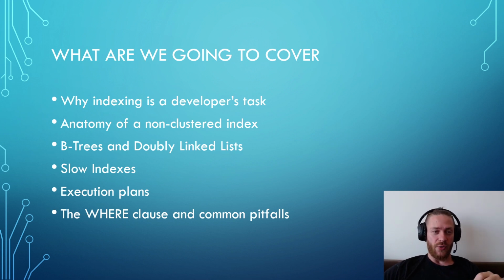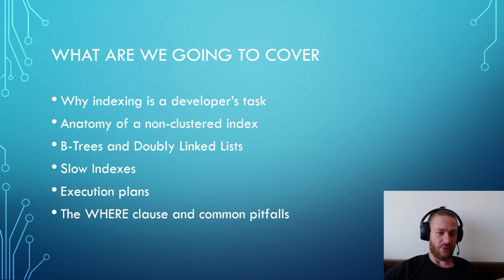After that, we're going to cover the anatomy of a non-clustered index, what an actual index is all about, what it has behind the scenes when you create an index, what happens in the database.